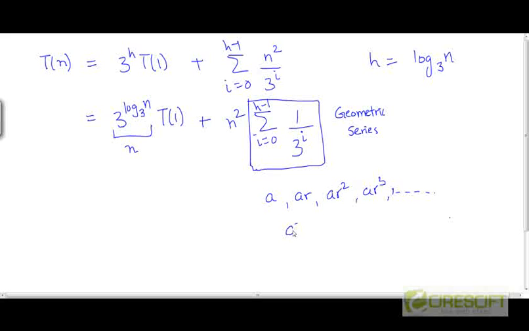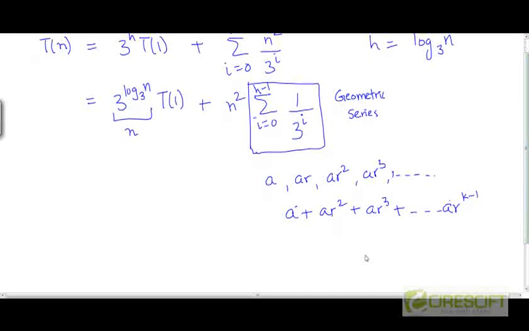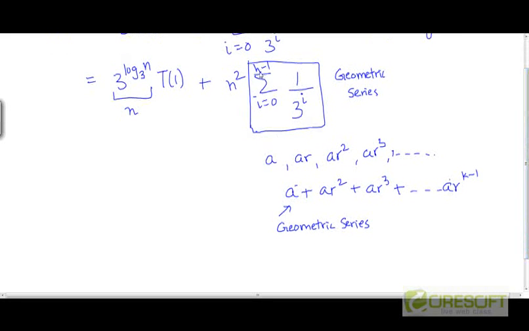When we sum together, say, k terms of a geometric progression, we get a geometric series. So a plus ar plus ar squared and so on, then ar to the power k minus 1. So these are k terms. This is called a geometric series. And that is what this is.